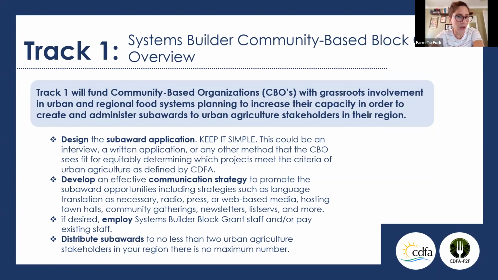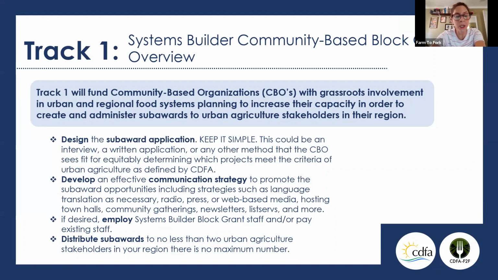And so the tasks involved with track 1 applications are to design a sub-award application. And so we're really encouraging folks to keep this simple. It could be an interview, a short written application, a site visit. So aside from designing the sub-award application process, folks will develop a communication strategy to let people know in their region that this opportunity is available.